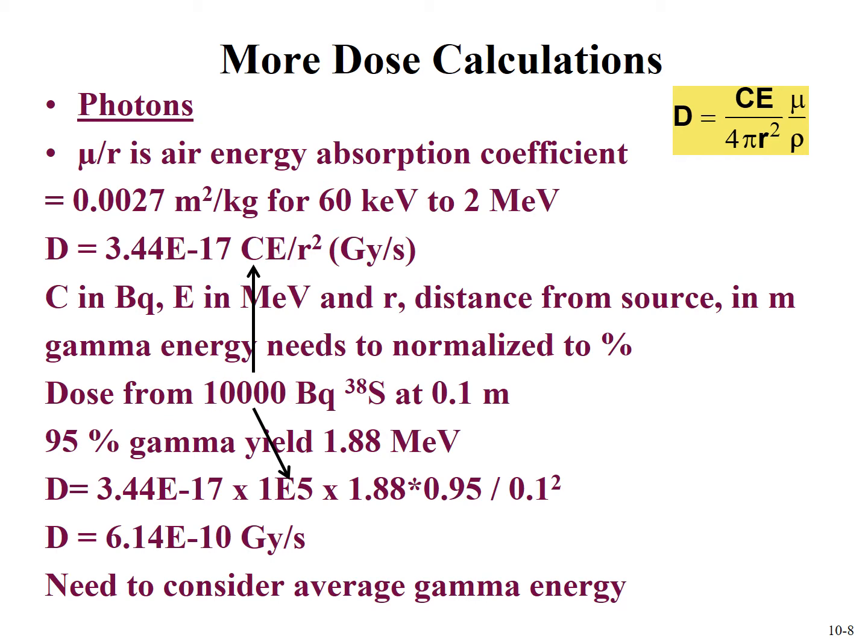Then we need the energy, which is 1.88 MeV, and then we add the 0.95 to represent the 95% gamma yield, and we divide that by 0.1 squared, the radius, the distance in meters, and we get a dose of 6 times 10 to the minus 10 grays per second.